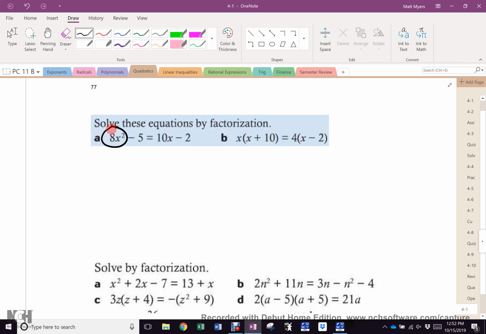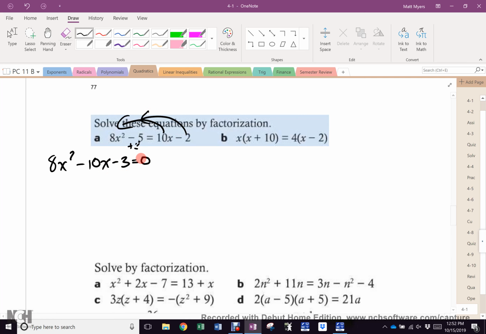It's sloppy. We don't want a negative. Nice job, Sil. 8x squared. What's happening here? Coming over. What does it become? -10x. What's happening here? +2 to get -3 equals 0. Now what would we do?